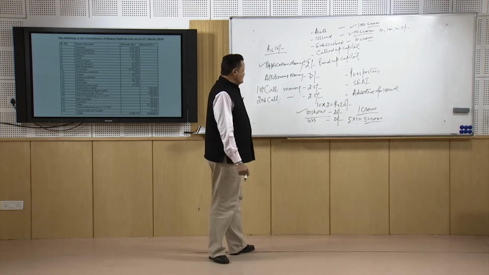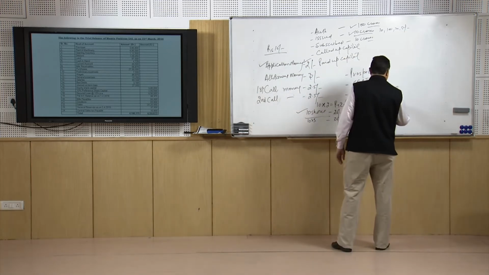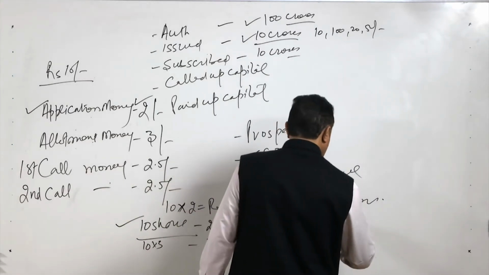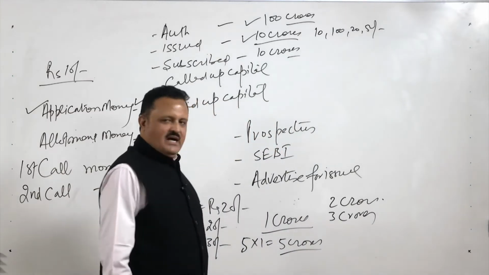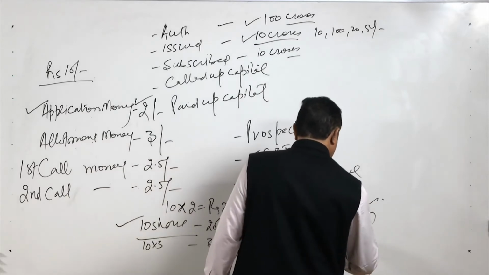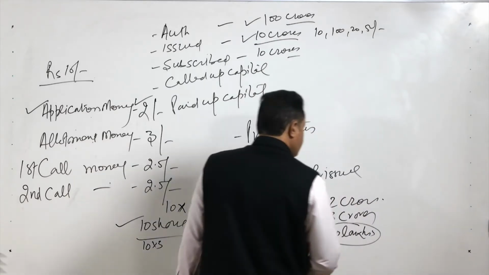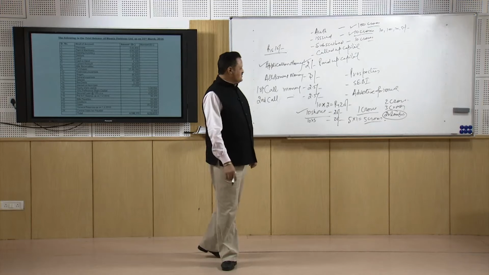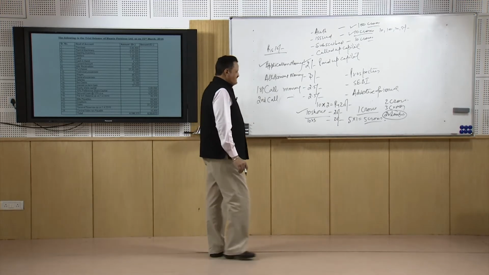So why this? The total amount company is asking is, they have already received 2 crores with the application. So 2 crores they have received with the application, they are asking for 3 more crores with the allotment, but out of this the shareholders worth of the capital of say 20 lakhs, they may decide that we will not continue to be the shareholders of this company, we do not want to continue as a shareholder of this company, it means.